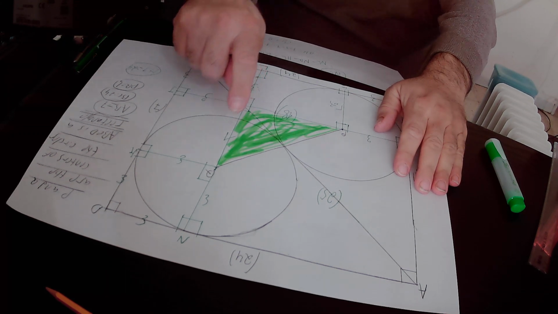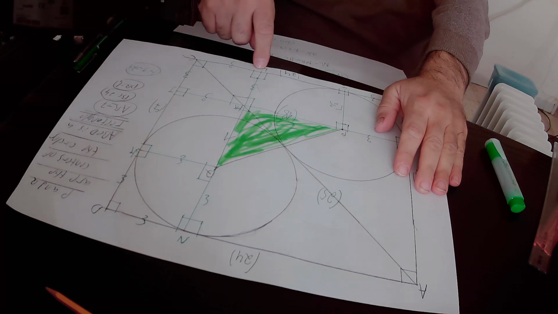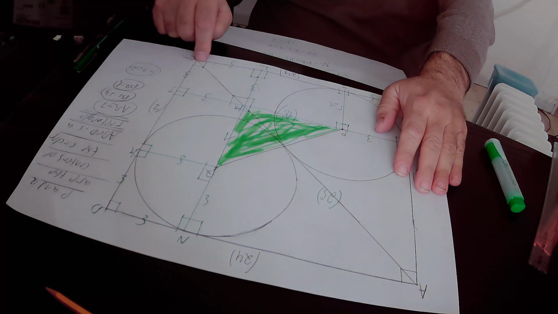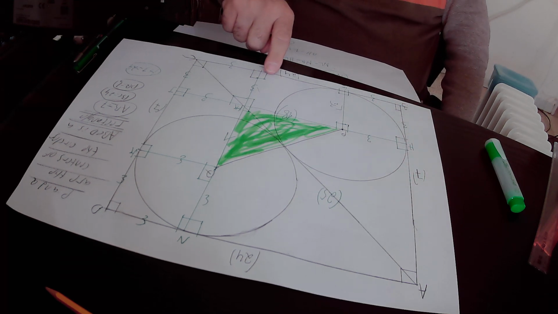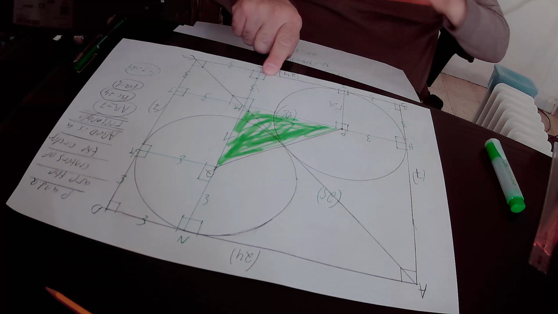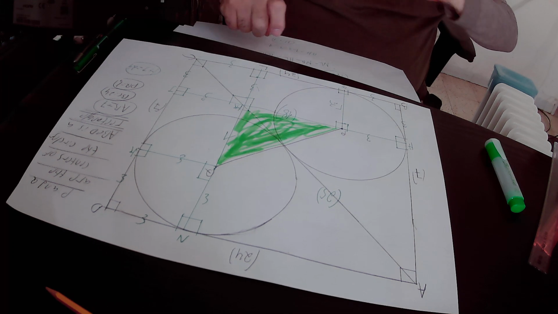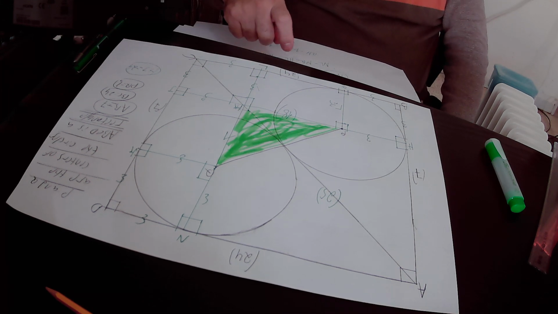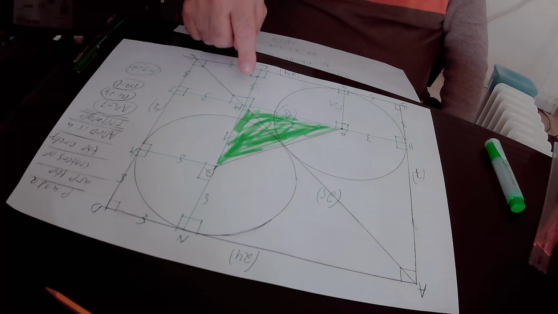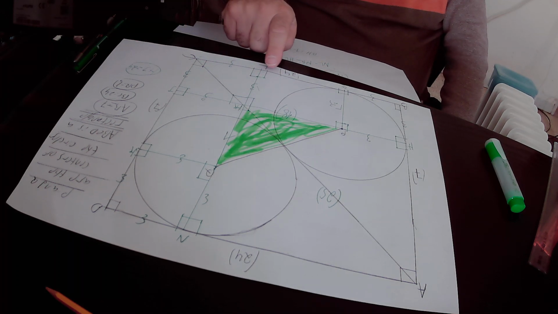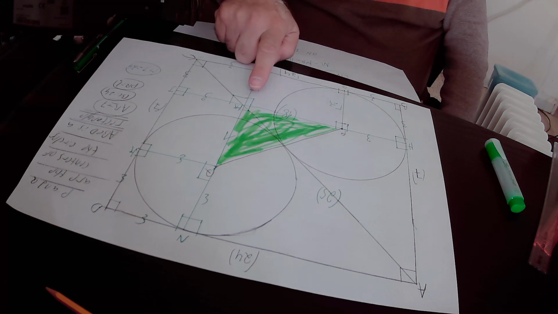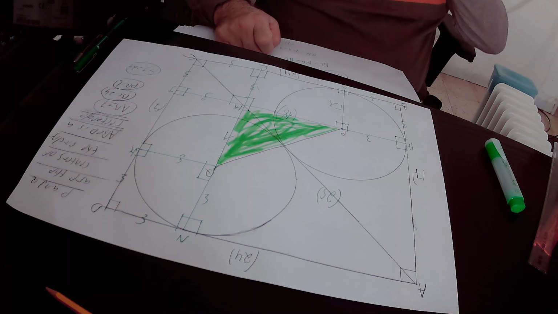In quadrangle NDCL, we have 1, 2, 3 right angles, therefore the fourth angle must be equal to 90 degrees. So inside quadrangle PGLK, we have 1, 2, 3 right angles, therefore the fourth angle must also equal 90 degrees.